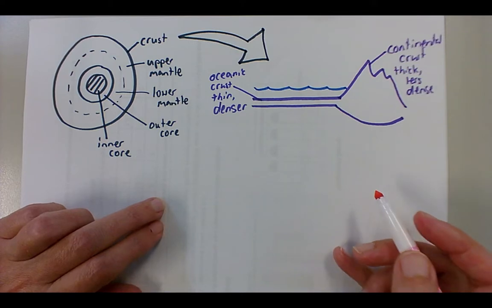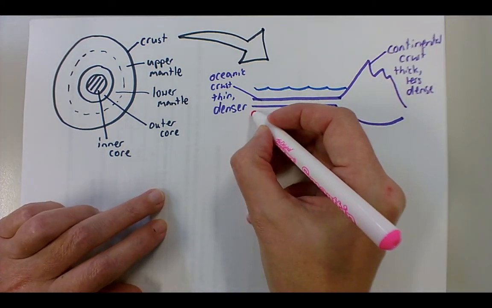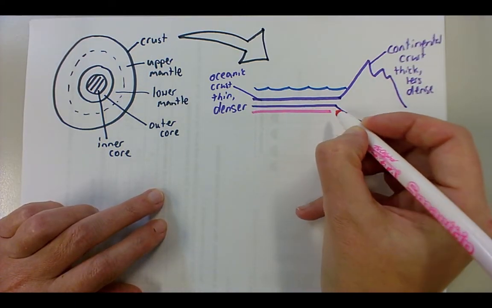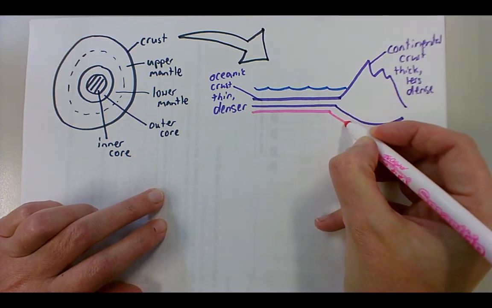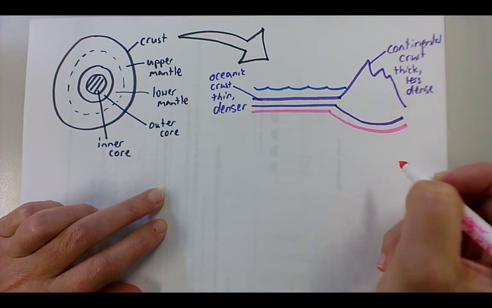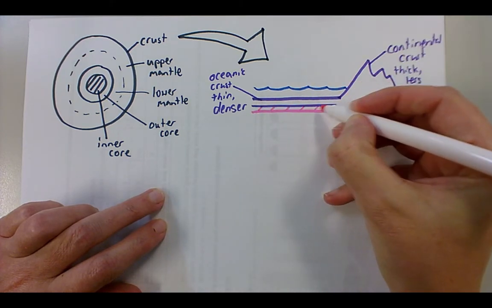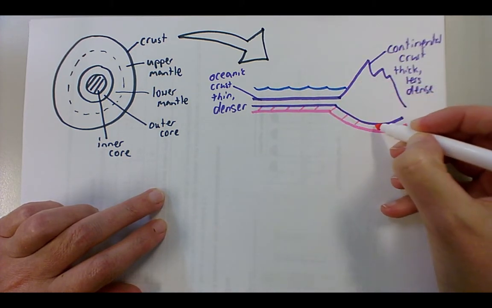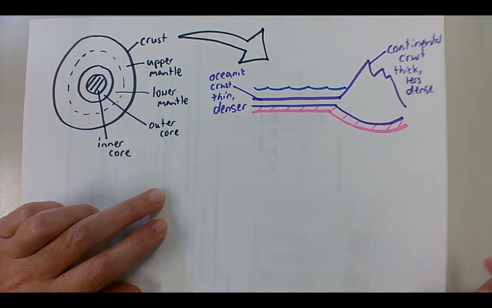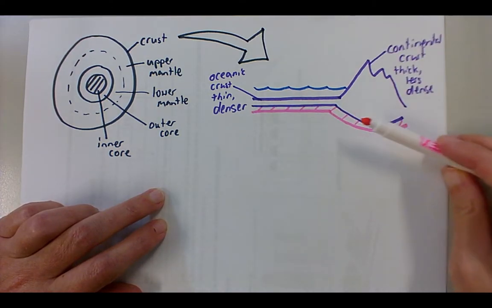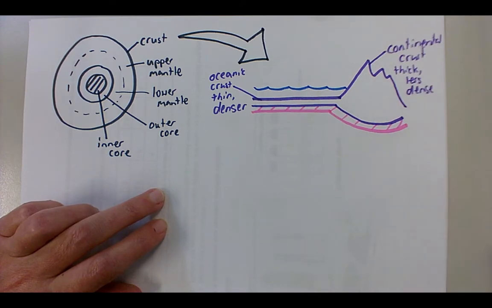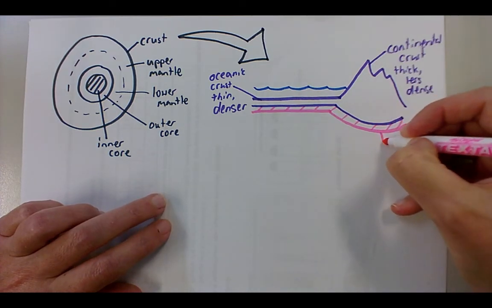Technically speaking though, the lithosphere also includes a thin layer here, which is hard, solid material, and it is just the very top layer of the mantle that's kind of stuck to the bottom of the crust.